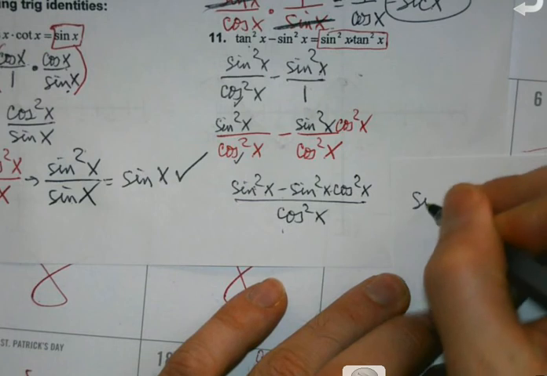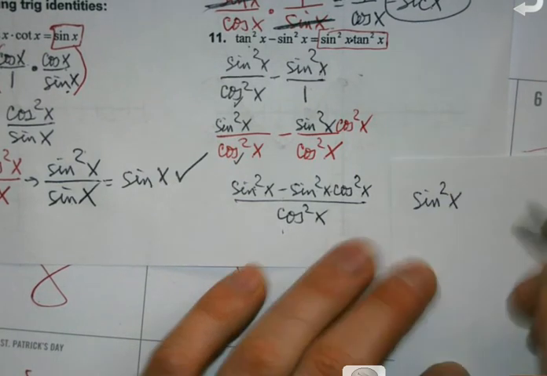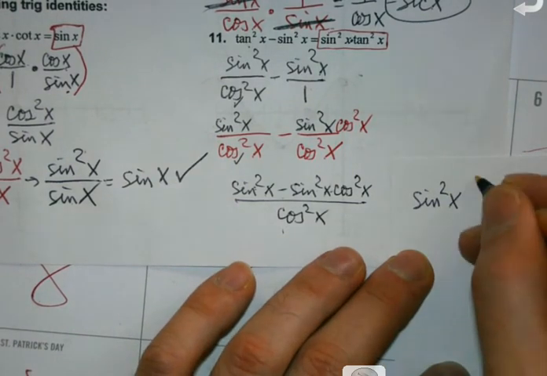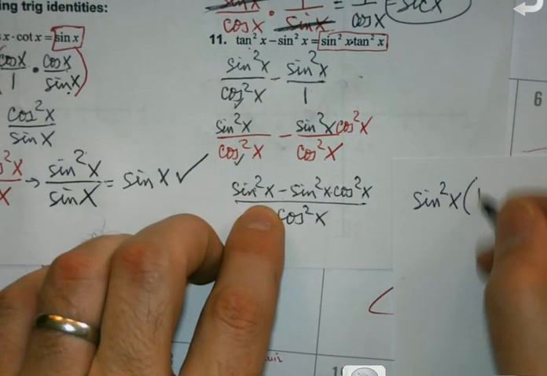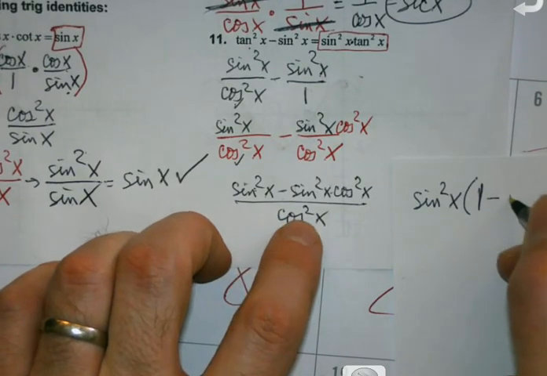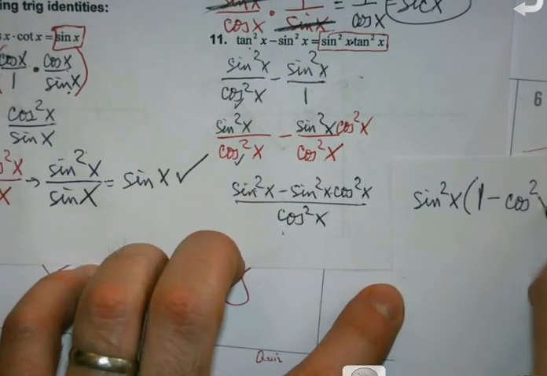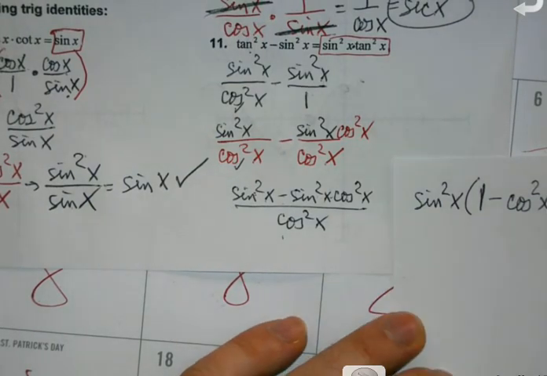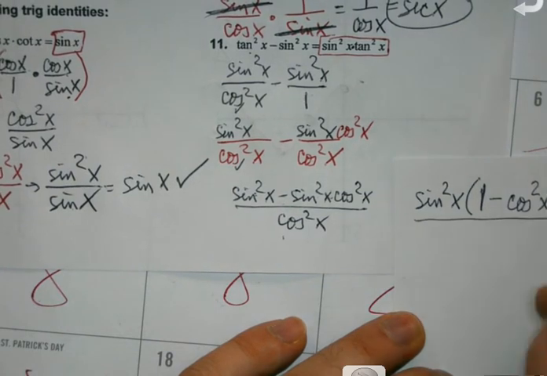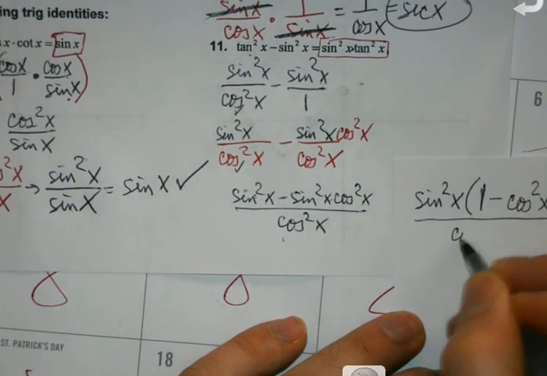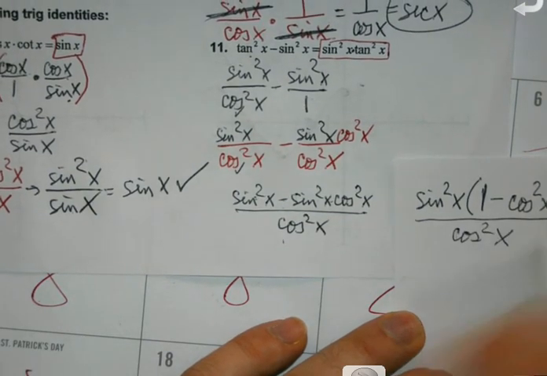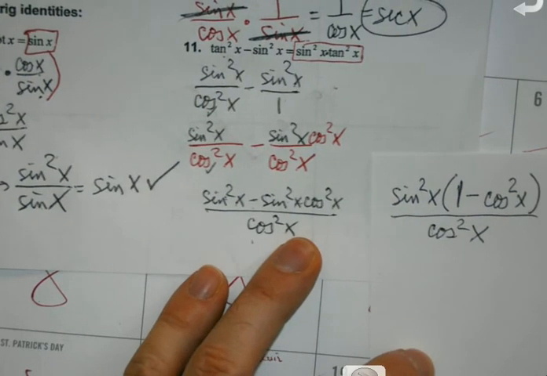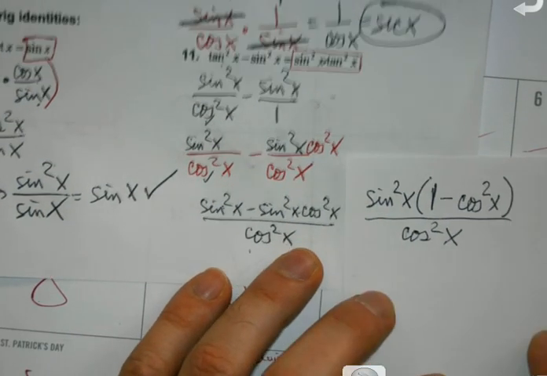So if I factor out sine squared x, I get 1 minus... Oh, I see. I got it. I swear we're thinking on this one to get there.